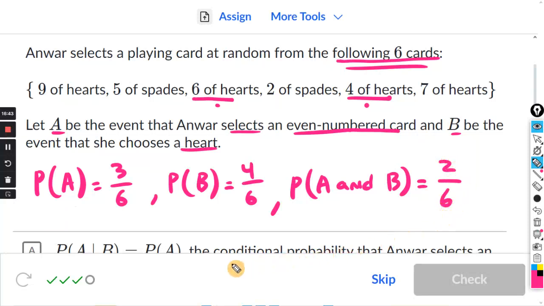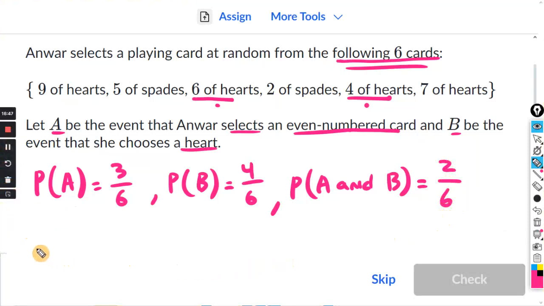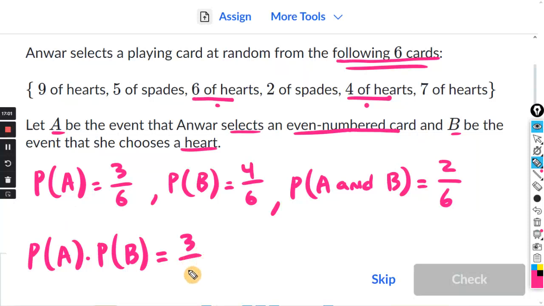Now we have to do our test. Let's do probability of A times probability of B, and we're going to see if it equals A and B. Probability of A is 3 over 6. Probability of B is 4 over 6. Reducing fractions, 6 divided by 3 is 2.